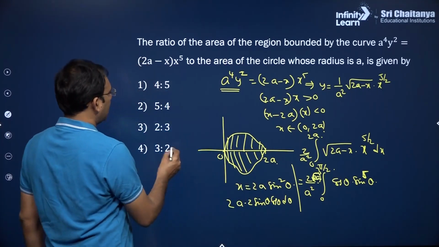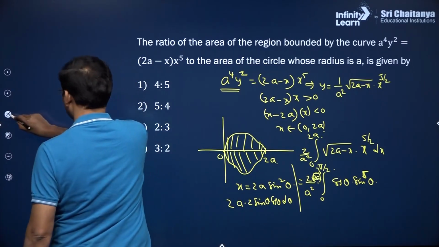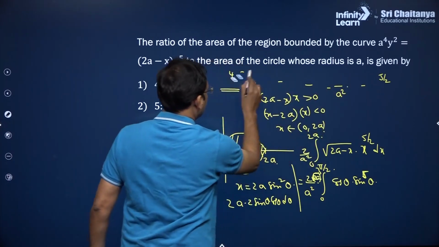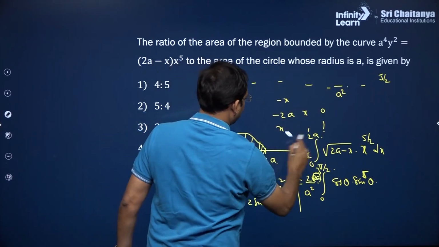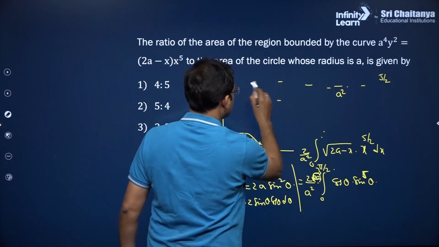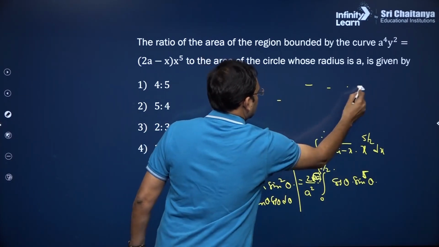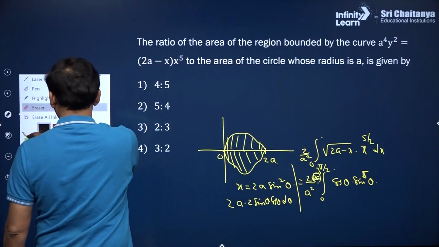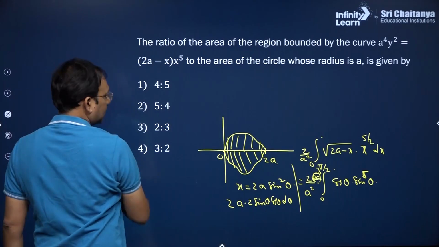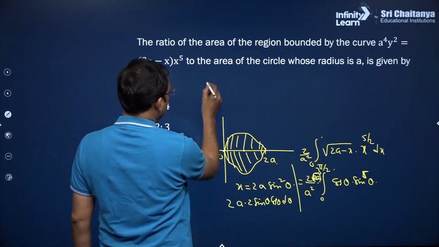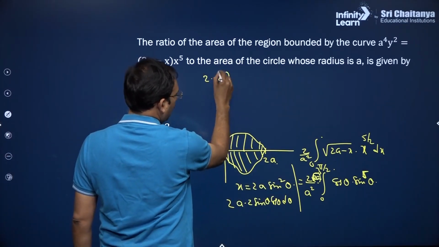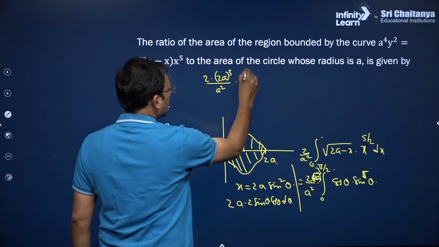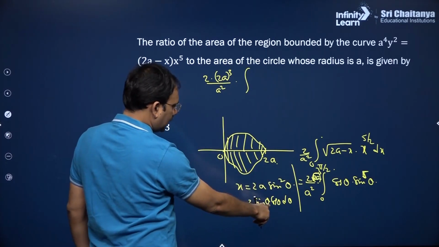So finally, if you permit me, let me write here, this is going to be, it comes into integration, my dear friends. The integral part of this is going to be, you can just simplify here, my dear friends. From here it is a matter of simplification, right? Okay. So this is going to be 2 into 2a whole cube by a square into integral cos theta, another cos theta.